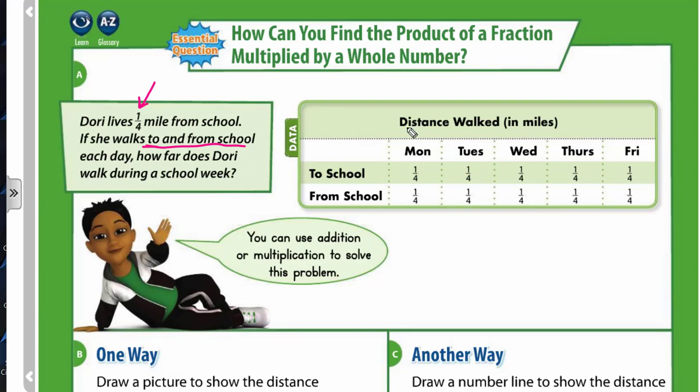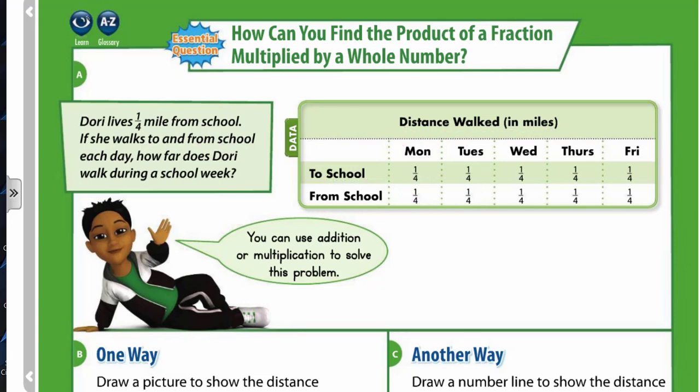In this table, we have the distance walked in miles. To school, 1/4, as the question says. And from school, another 1/4, right? Okay, this is in one day, on Monday. If on the next day, Tuesday, another 1/4 to school and 1/4 from school, and so on every day.